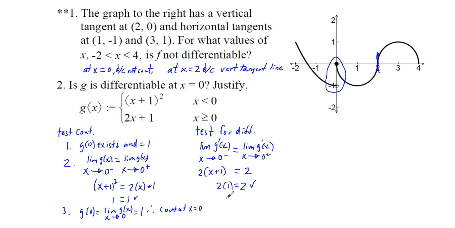So the limit as x approaches 0 of g prime of x exists.